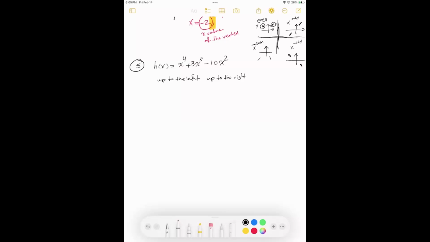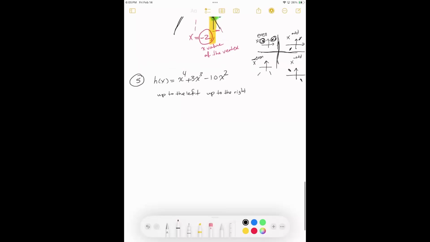I like to say the graph starts on the top, ends up on the top. Up to the left and up to the right. So it's up and up because we have a positive x to the power 4, and that is our leading term. The leading term is the term with the highest exponent. You look at its coefficient, it is positive x to the 4, so that is what happens.